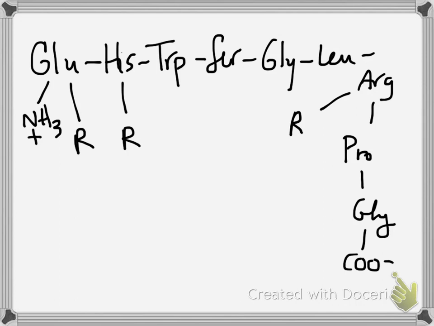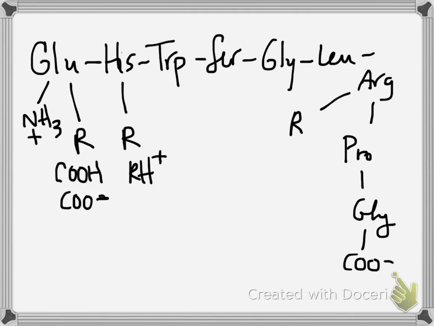And so here it might be useful to make note of what the ionization states are. So glutamic acid, when it's protonated, it looks like this. When it's deprotonated, it looks like this, has a negative charge. Histidine, the R group is neutral when it's deprotonated, and when it's protonated, it's got a positive charge.